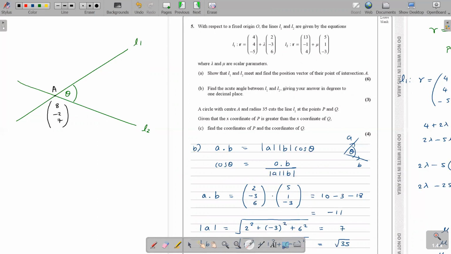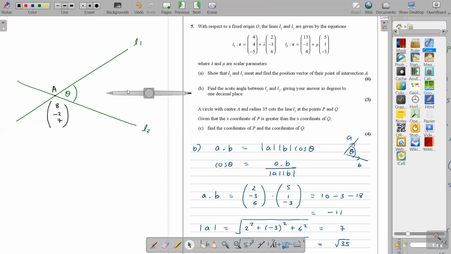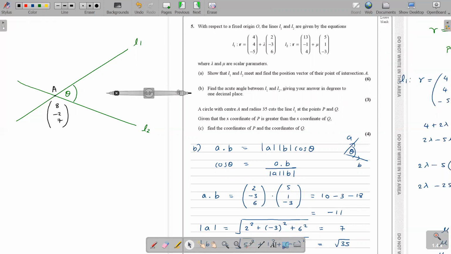So a circle with center A and radius 35. So basically I have to draw a circle here. Let me draw. I'm just randomly drawing here.